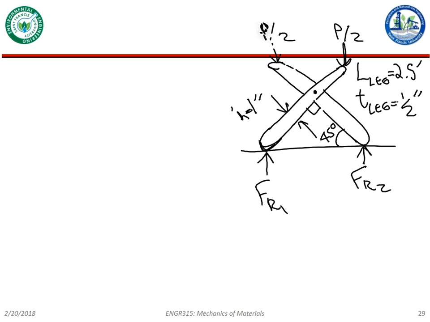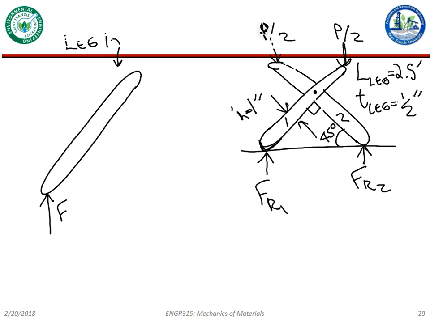If I was to draw, say, that was leg 1 and leg 2. Call this leg 1. What would the forces on that guy be? Okay. That would be directed straight up, applied to the bottom left.